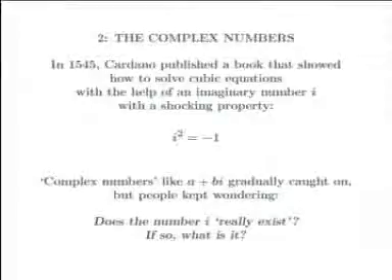And Cardano had the guts to go ahead and use this number that he called imaginary, the square root of -1, as a step en route to getting the real answers to his equations. And he was very skeptical about it.